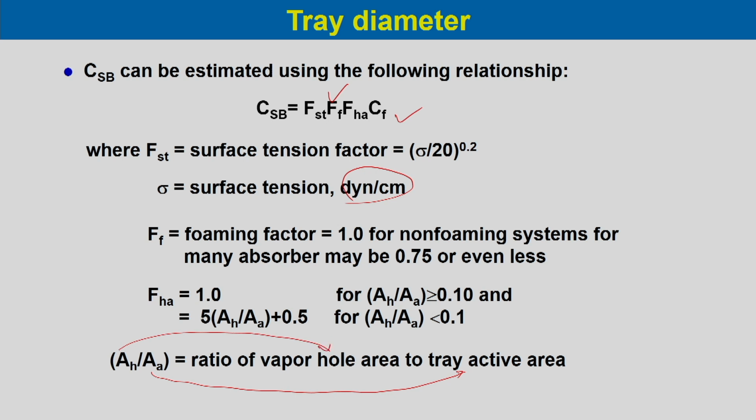This ratio is related to FHA, another factor, and is used to calculate CSB.